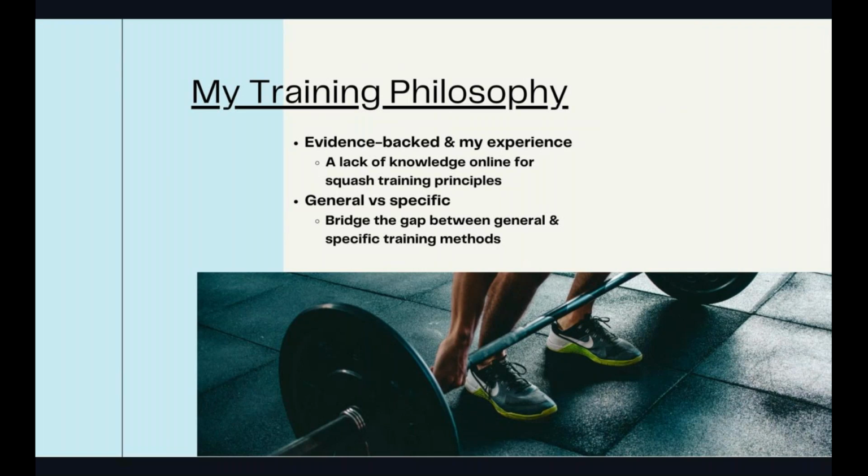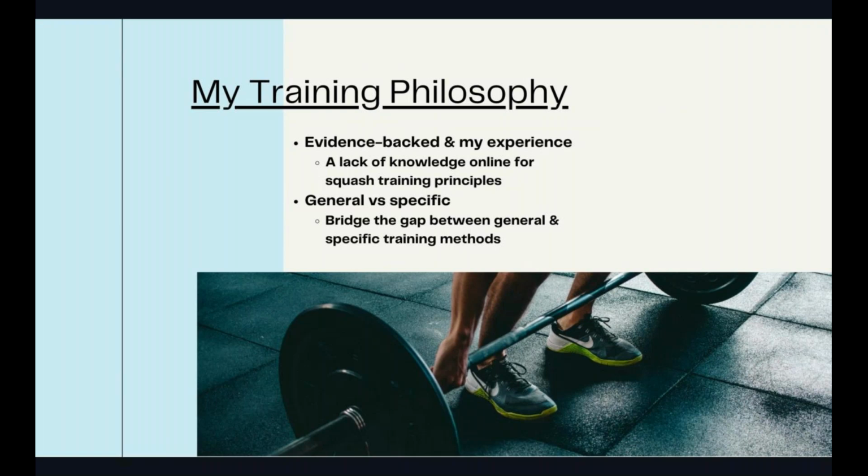But the reality is that a lot of the training you do off the court is going to be general in nature because you need a fundamental base of strength, conditioning, and mobility. So my goal for today is to teach you which sessions should be mostly general, which sessions can be more specific to squash, and also how to bridge the gap between the two.